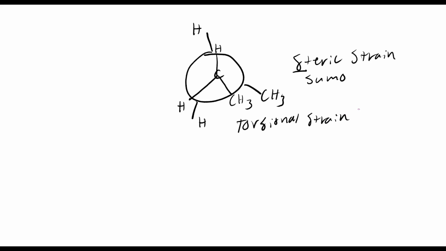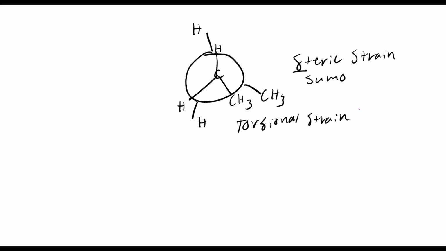So, yeah, this is really bad. Torsional strain is for electrons only. They're going to be bumping into each other and they're going to repel. They're not happy. Steric strain occurs when two molecules that are big are really, really close to each other and they bump into each other and they push and they shove.